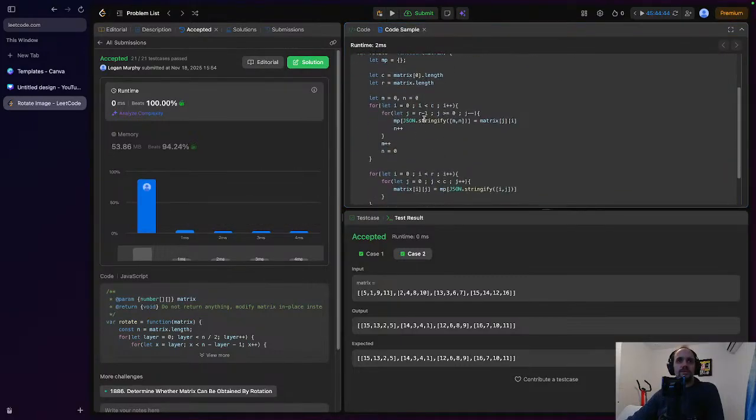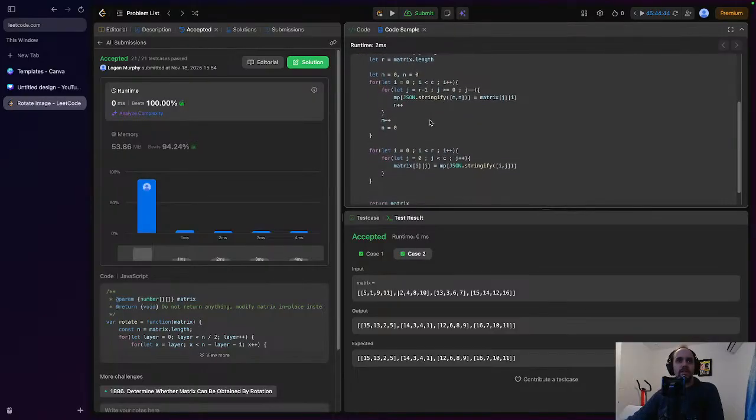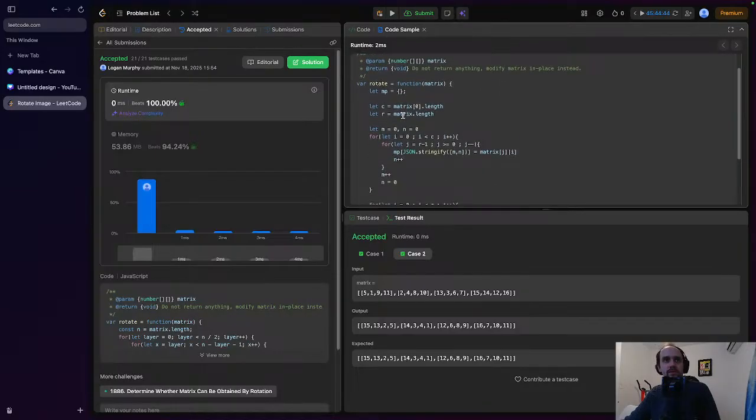Oh, stringify. What is that? Turn it to JSON? Matrix multiply or something? What is MP? Just map.